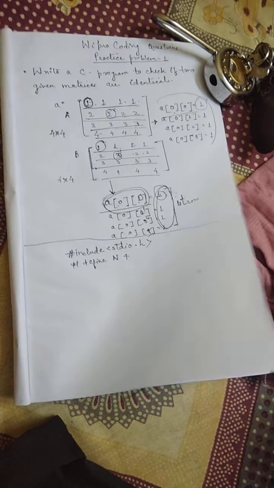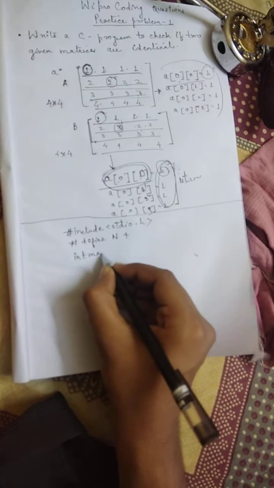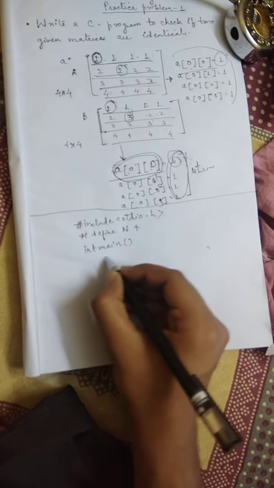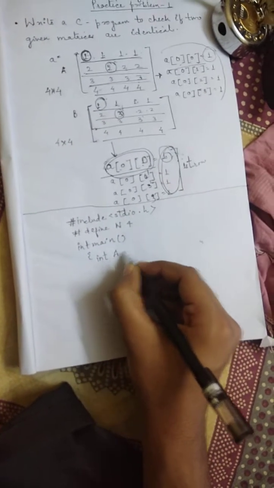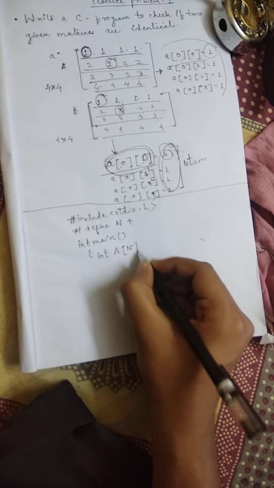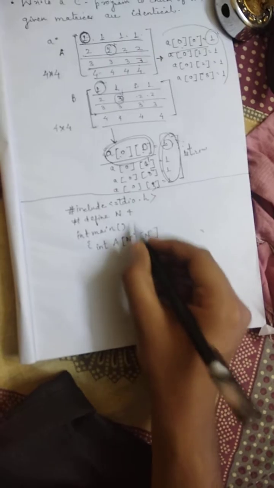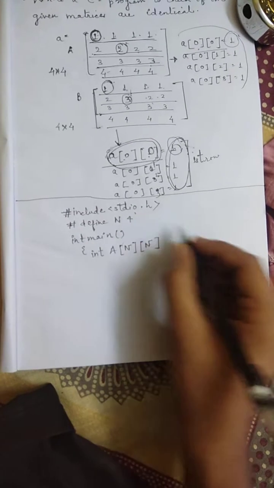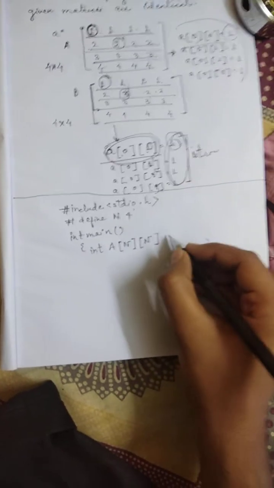Now int main. Integer array A of size n by n. Here n will be replaced by 4, because it is a macro.